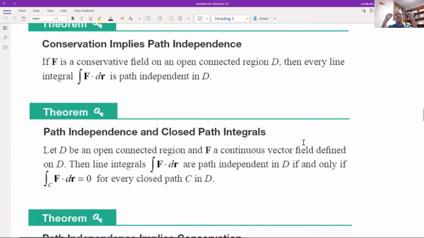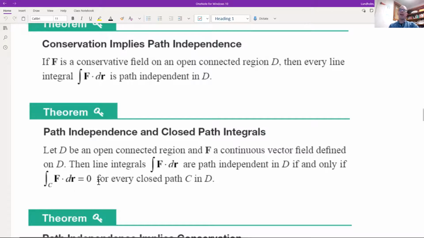I don't know if you've heard this explained this way yet, but a conservative vector field is called conservative precisely for this reason: if you start at a point, go along some path, and then end up at the same point, that line integral will be zero.